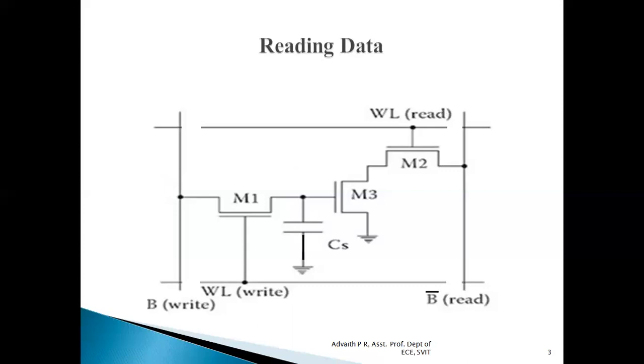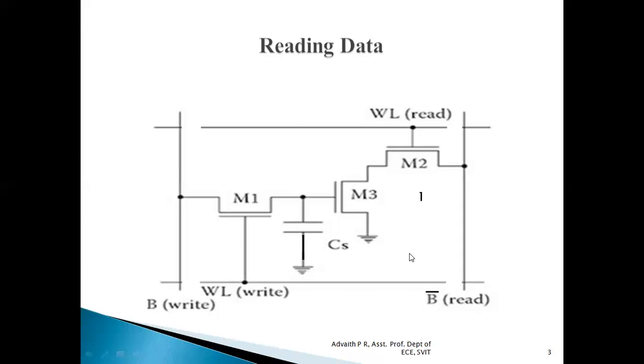Similarly, let us see how read operation is performed. In read operation, whatever value is stored in this particular capacitor will be read out by means of this B bar. This bar indicates that we will be getting a negated, inverted output.